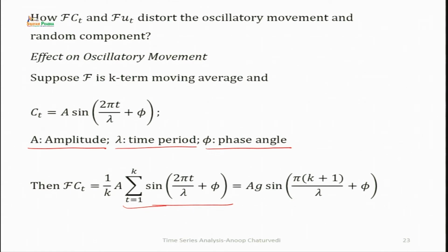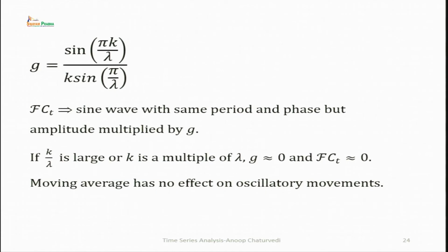So, the original amplitude was a, now the amplitude of new series after taking the k term moving average is a g, where g is equal to sin pi k upon lambda divided by k sin pi upon lambda.